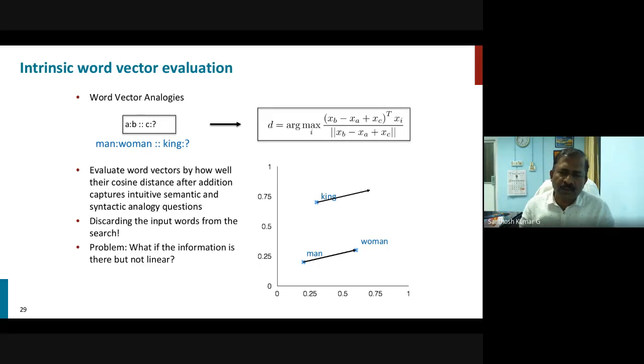Okay. So, can you tell me, in the vector space, when we seek cosine similarity, what is actually being searched? When we say two vectors are close to each other, what are we actually trying to measure?